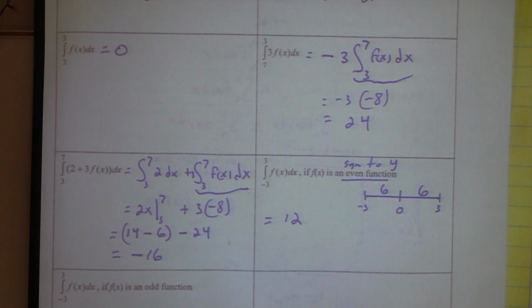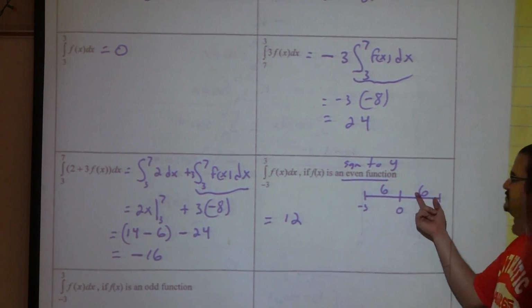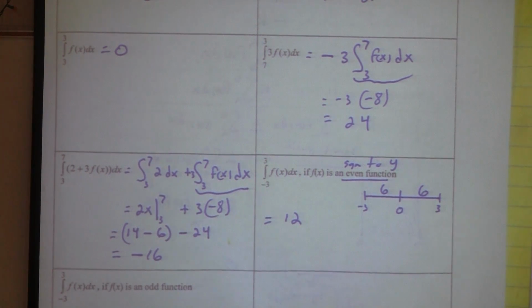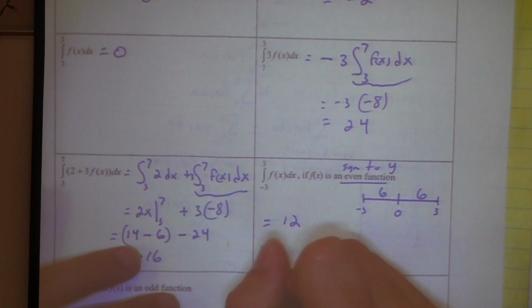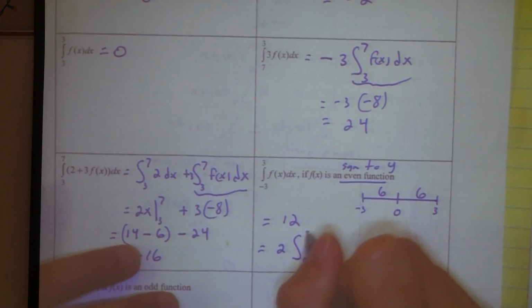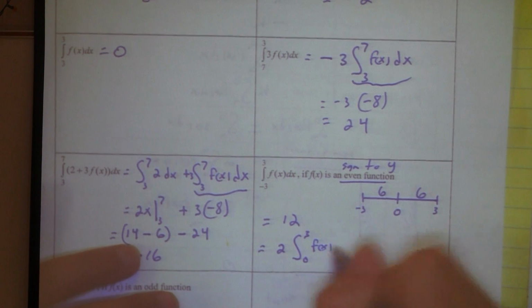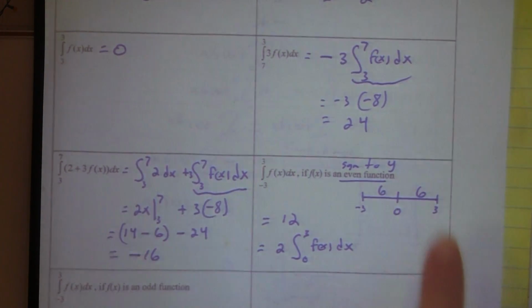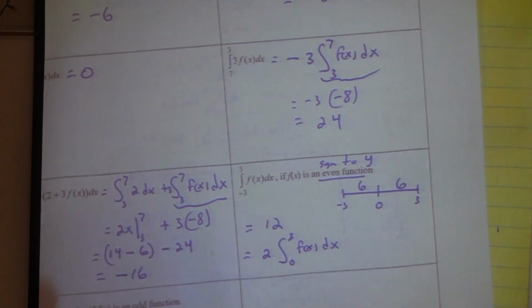If they said it was odd, then this would have been 6, but this would have been what? Negative 6, right? And it would have ended up giving us what? 0. We could have also thought of it like this, right? 2 times the integral from 0 to 3 of f of x. Either way works. Some kids do better with the little visualization.